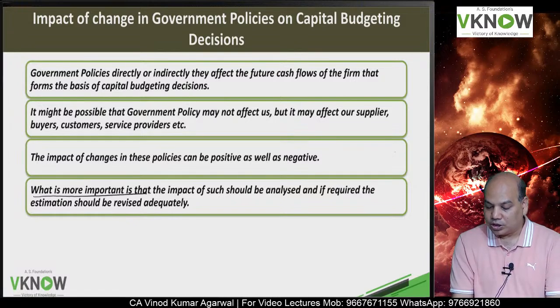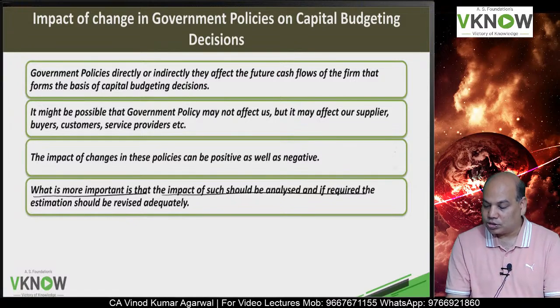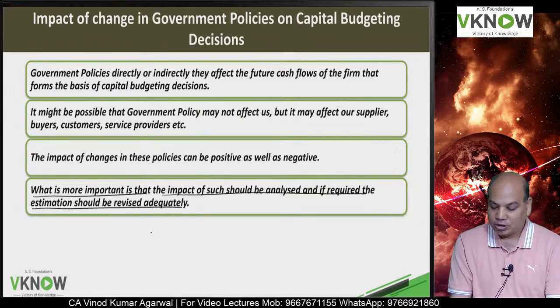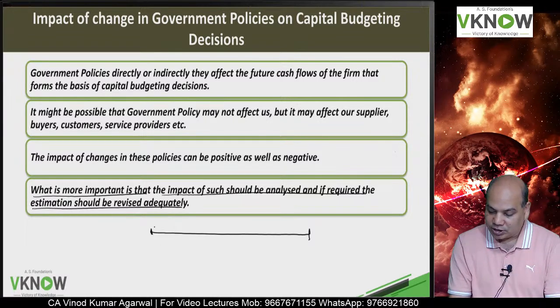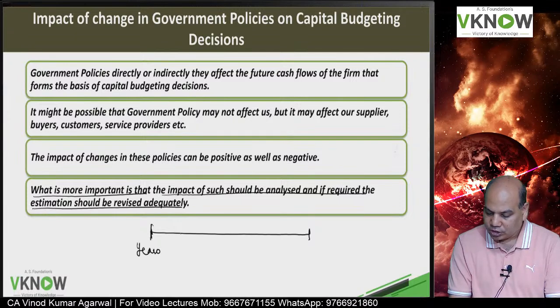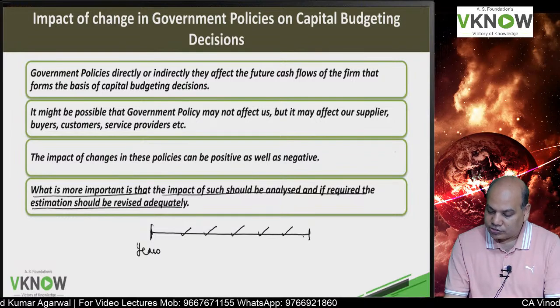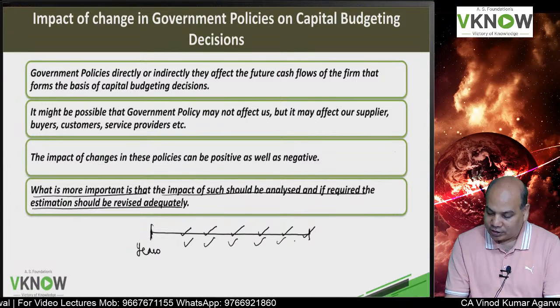What is more important is that the impact of such policies should be analyzed. If required, estimation should be revised adequately. So when you are doing capital budgeting in year 0, you have to visualize, can the government policy change in future? If yes, how will your cash flows be affected?